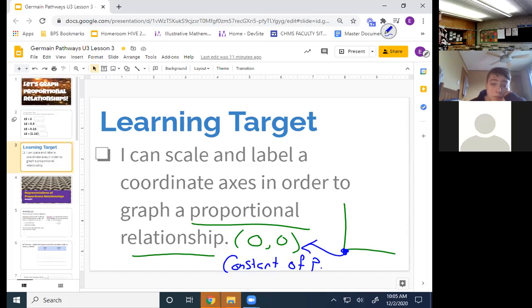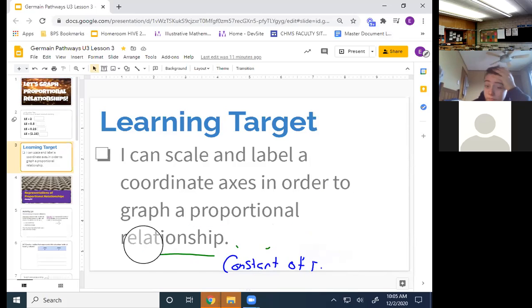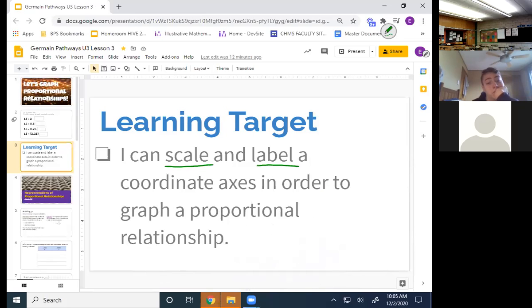A constant of proportionality is basically the same thing as a constant rate of change. So a proportional relationship goes through that 0, 0, and it has a constant of proportionality or a constant rate of change. Okay, so we're going to be graphing some proportional relationships today, remembering to scale and label our axes.